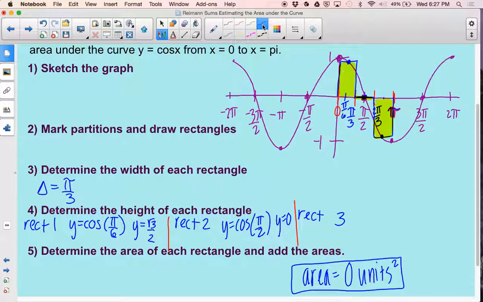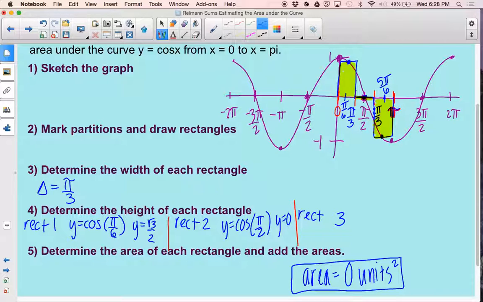For rectangle 3, halfway between 2 pi over 3 and pi is, let me think about this. It's 5 pi over 6. All right?